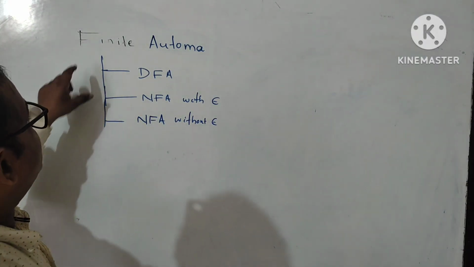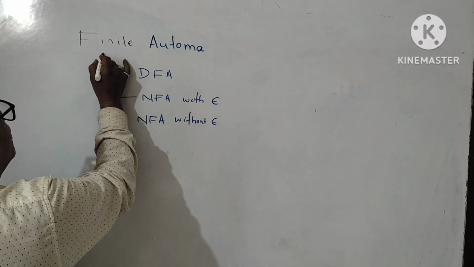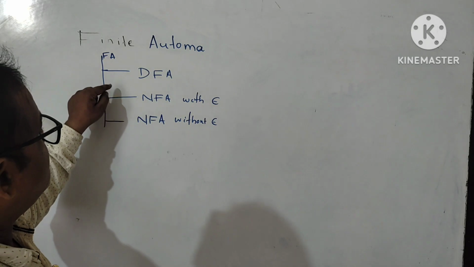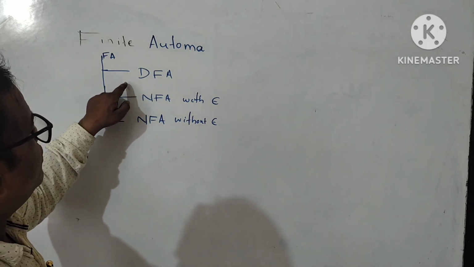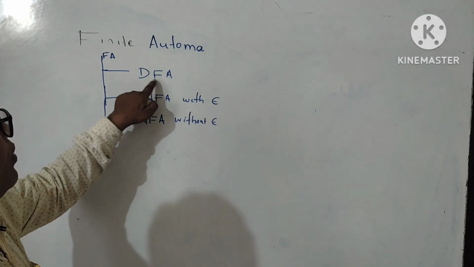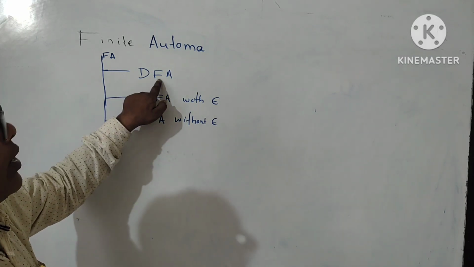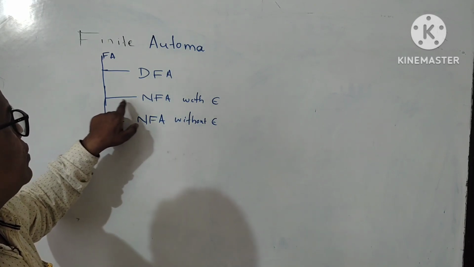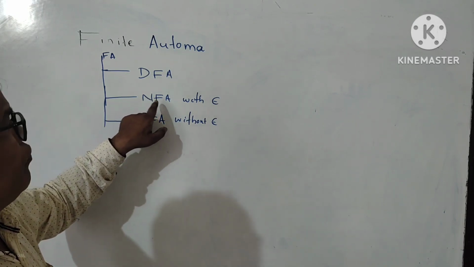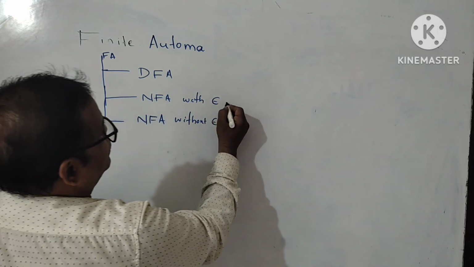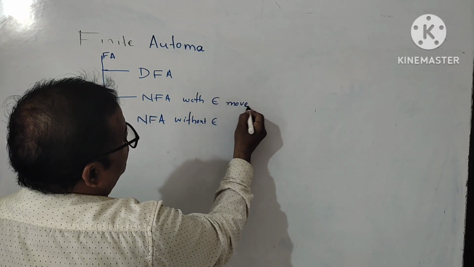What exactly do this finite automata classified? It is classified either as a type deterministic finite automata, DFA. Second version, non-deterministic finite automata with epsilon move.